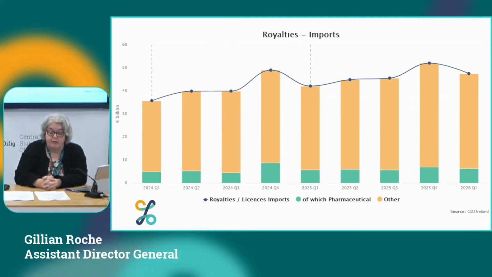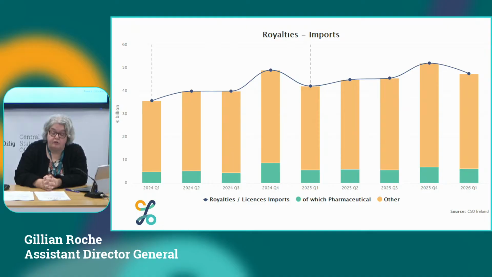And then looking at those royalties in more detail, so we can see the blue line gives us the overall royalties, and that's broken down into pharma there in green, and the other category in yellow, which is mostly dominated by the ICT sector. So the pharma royalty imports are up 0.6 billion compared to last year, but down 0.7 billion in the quarter.